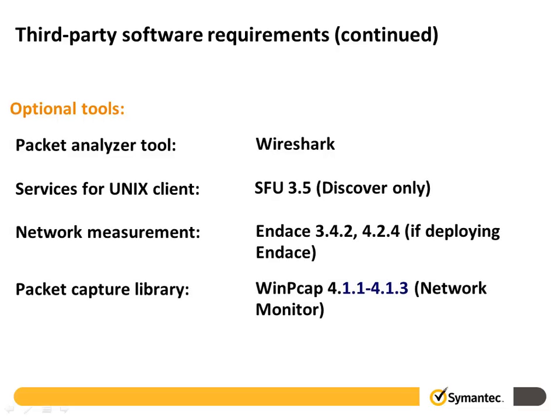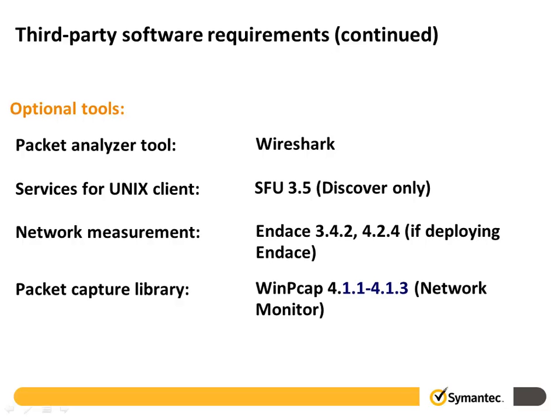The customer may choose to use a packet analyzer tool such as Wireshark. This will give the customer visibility into the IP ports which are being used to submit information. That gives great assistance in deciding how to configure the Network Monitor detection server with which protocols should be captured.